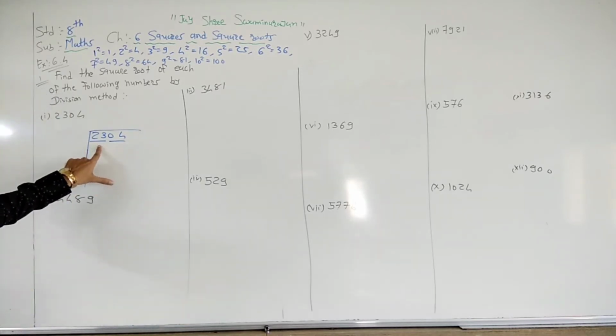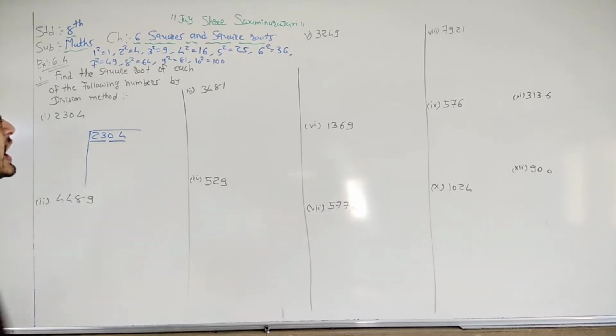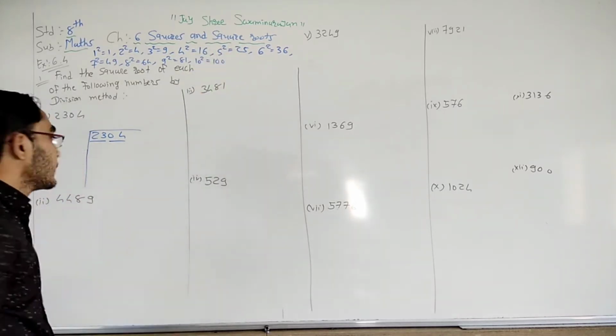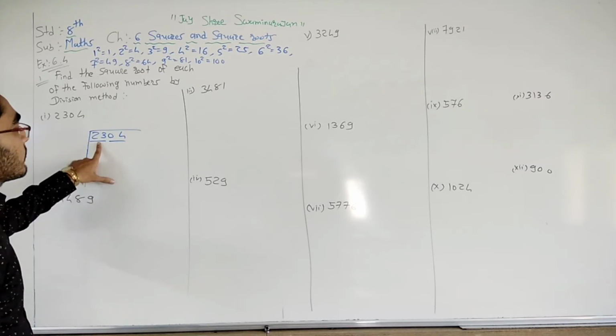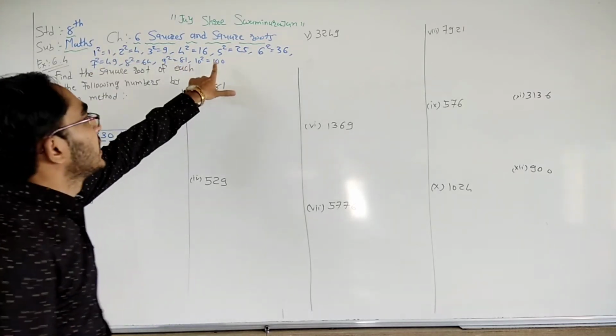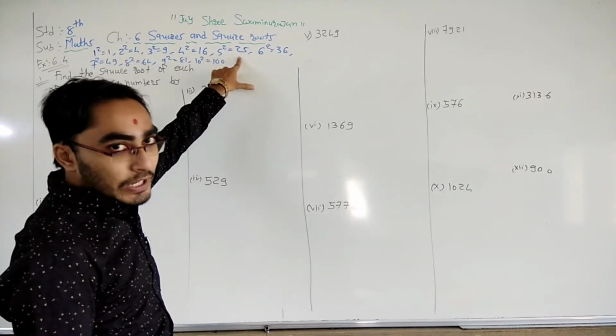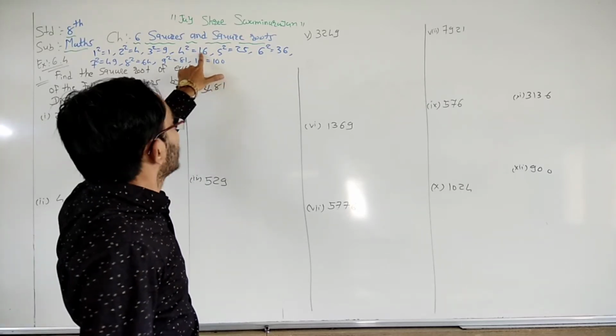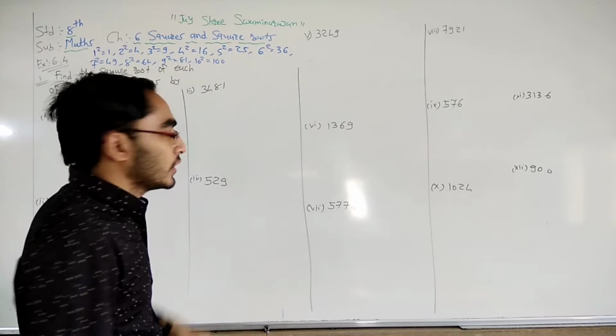Now first of all, what we need to do? Our first pair is 23. We need to check that 23 lies between 16 and 25. Out of that, we take the smaller number, 4 square 16.